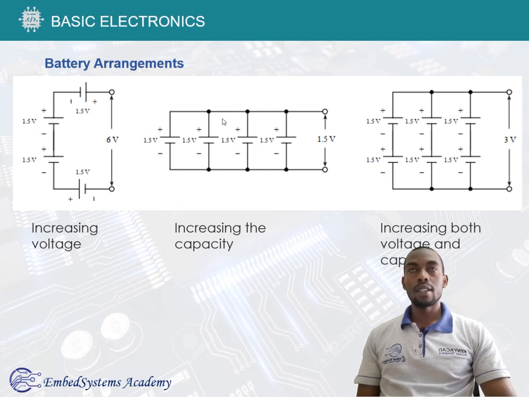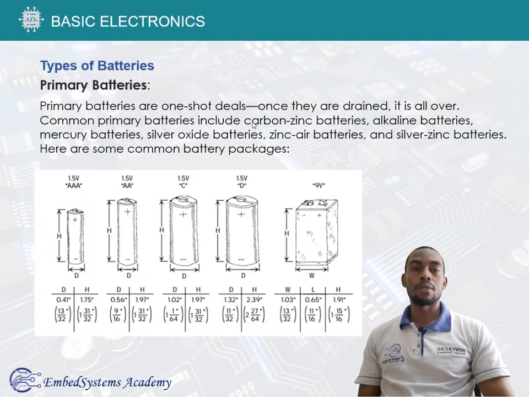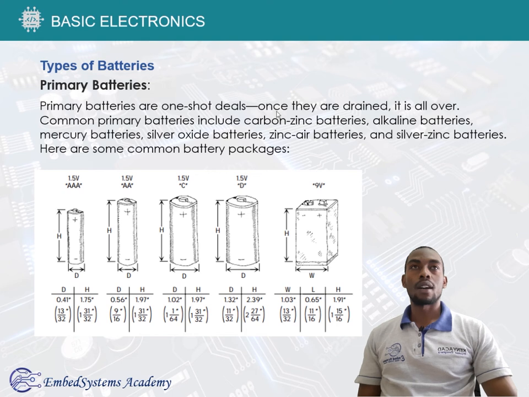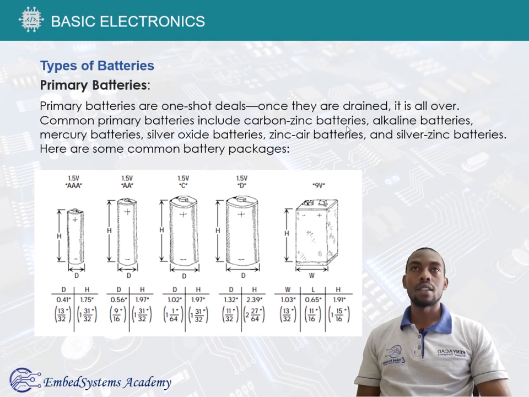What are the types of batteries that are there? There are two types: primary batteries and secondary batteries. Primary batteries are those that are drained, and once they are drained, it's all over. You don't even recycle them; they are just done. Most of them are carbon zinc batteries, alkaline batteries, mercury batteries, silver oxide batteries, and others.